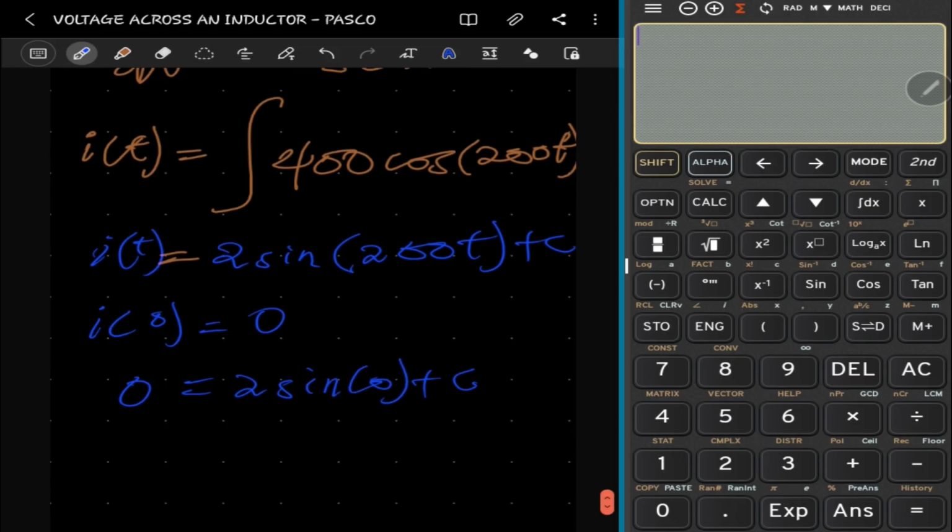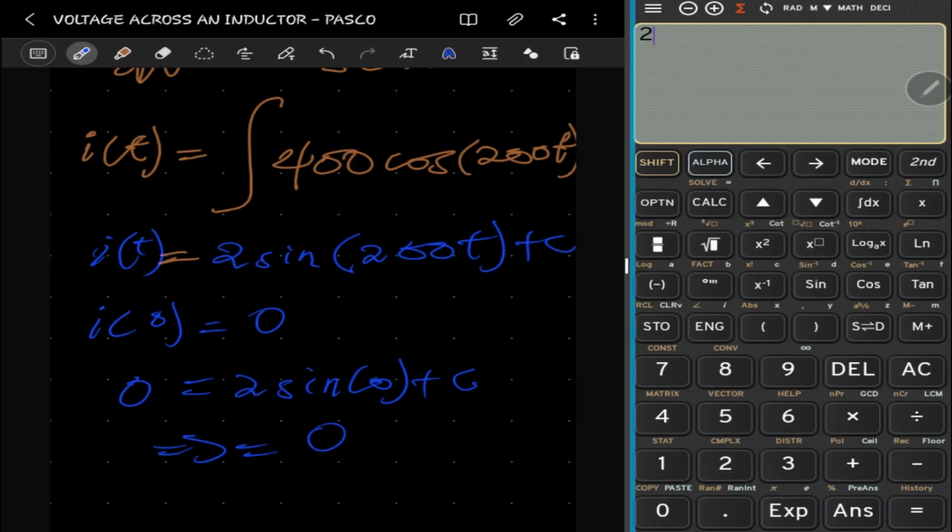And if so, that will clearly imply that c is equal to 0, right? 2 sin 0 is 0, so c is equal to 0.